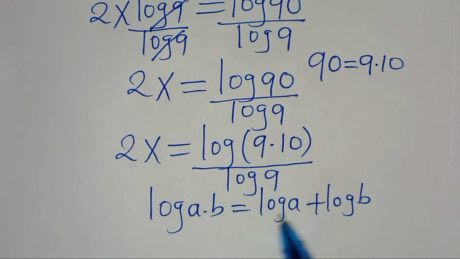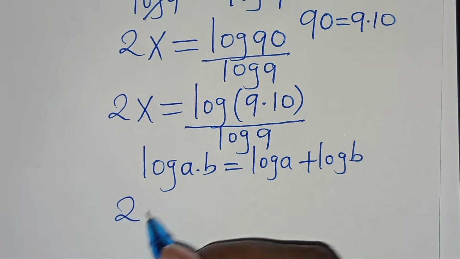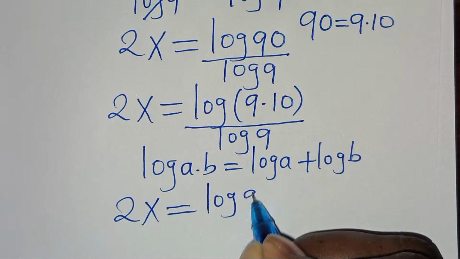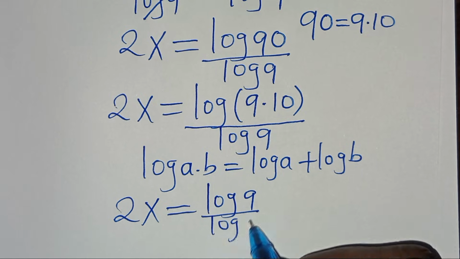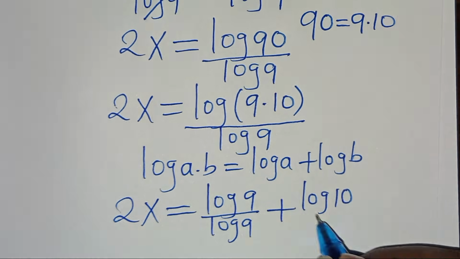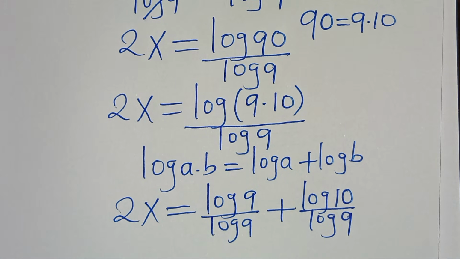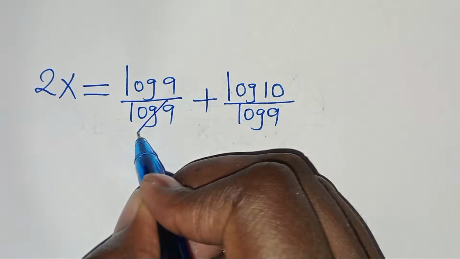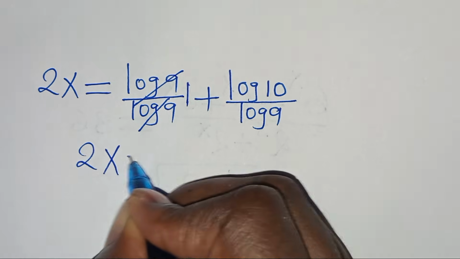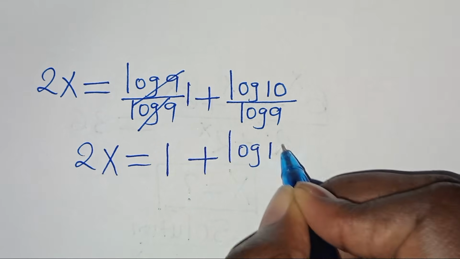Now let's apply this logarithm property so that now we have 2x equal to log 9 divided by log 9, then plus log 10 divided by log 9. Now let's simplify log 9 and log 9 here. So we have 1. So this implies that 2x is equal to 1 plus log 10 divided by log 9.